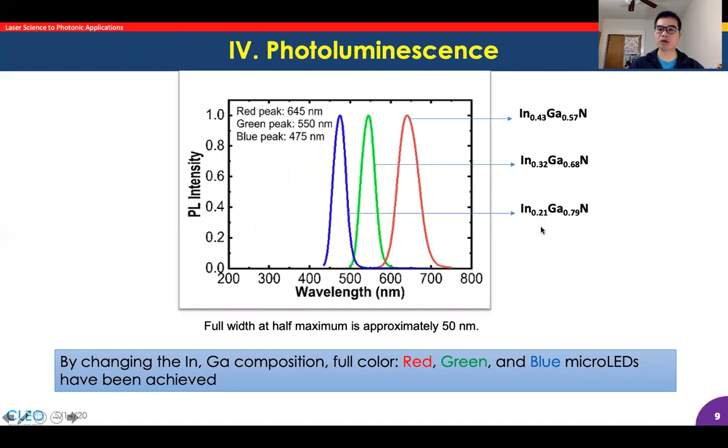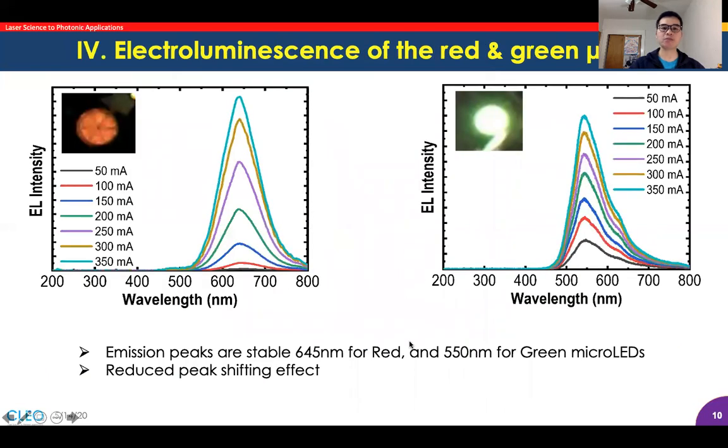By changing indium composition from 21% to 32% to 43%, we have blue, green, and red micro LEDs: 475 nanometers for blue, 550 nanometers for green, and 645 nanometers for red, and the spectral linewidth of the emission is around 50 nanometers.